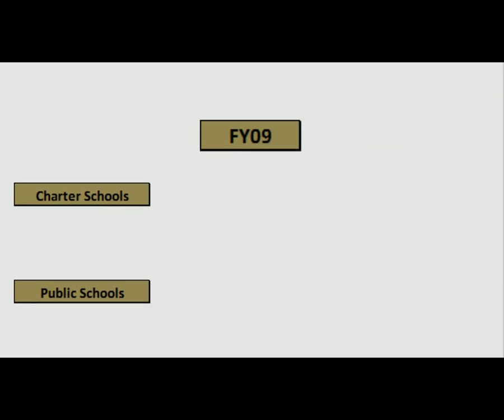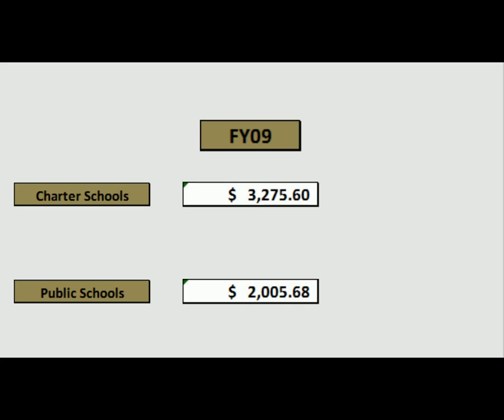Now that we see how public and charter schools are treated differently in the state aid formula, we must re-examine our funding comparisons. This time, we start with fiscal year 09, when charter schools received $3,275.60 per student, while public schools received $2,005.68 per student.